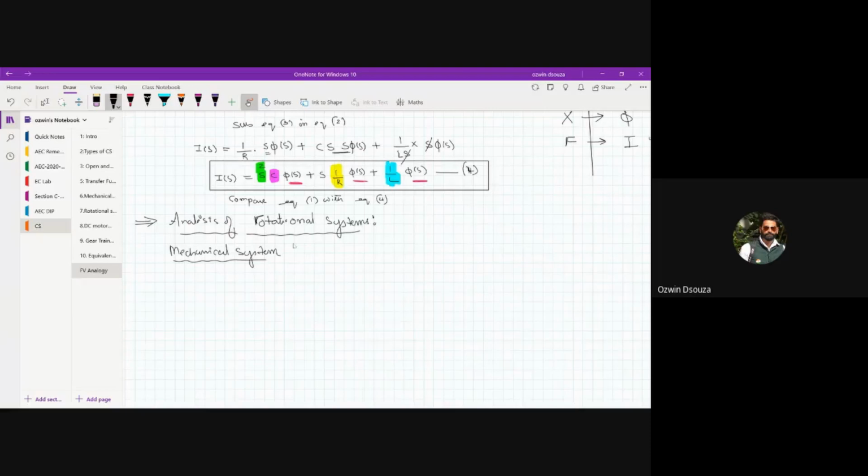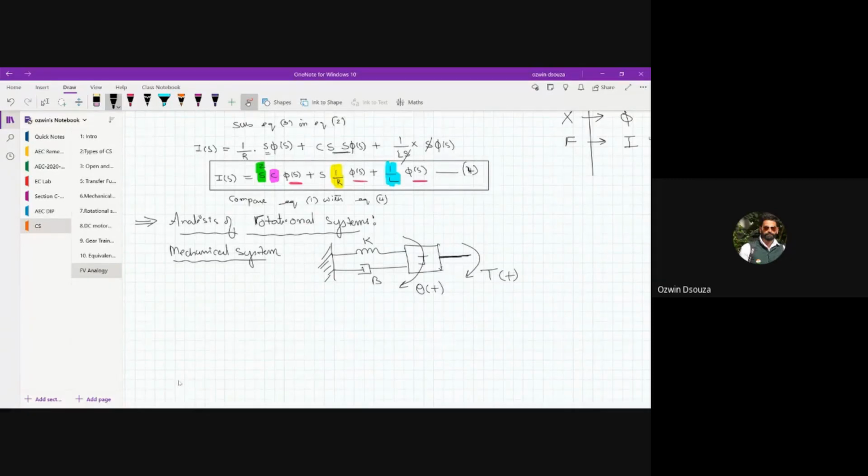So the 3-element rotational system is nothing but K, B, and J. Okay, let's say this is the shaft, and this is the applied torque. Let's say we are applying the torque in clockwise direction. So the angular displacement will take place in the clockwise direction as well.